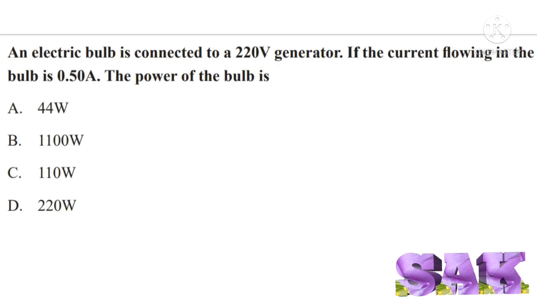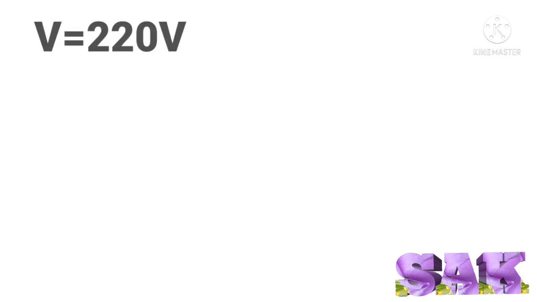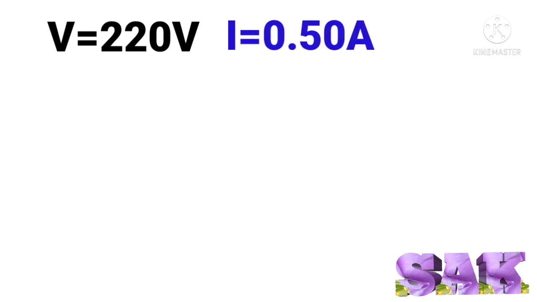Next question, an electric bulb is connected to a 220 volt generator. If the current flowing in the bulb is 0.50 amperes, the power of the bulb is. Data given here are V is equal to 220 volts. Electric current I is equal to 0.50 ampere.